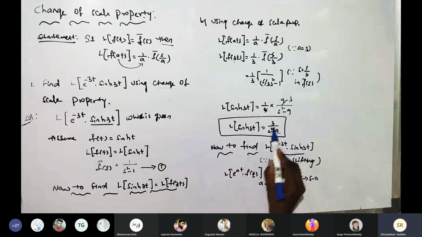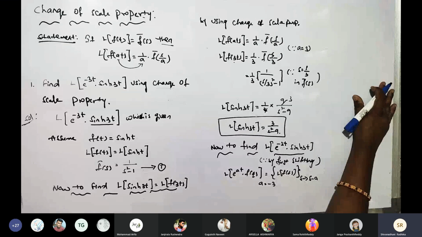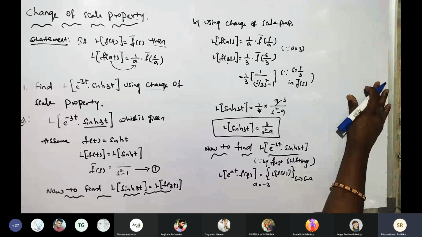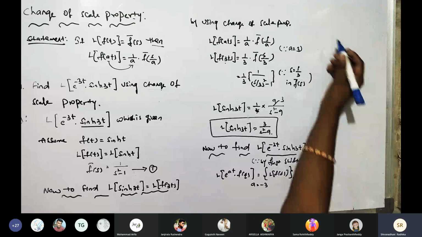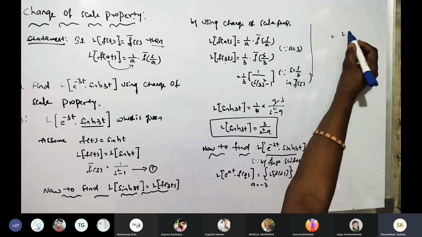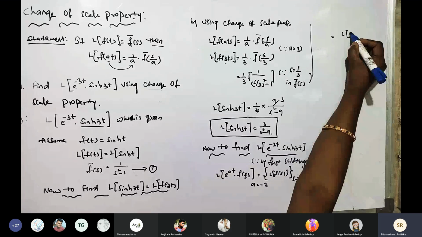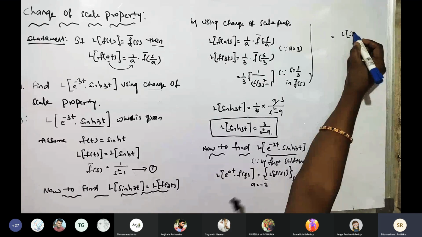Now this is the first shifting theorem. We have to compare: in the place of L of f of t, this is L of sinh 3t. Here we need to change s to s minus of minus 3, that is s plus 3.